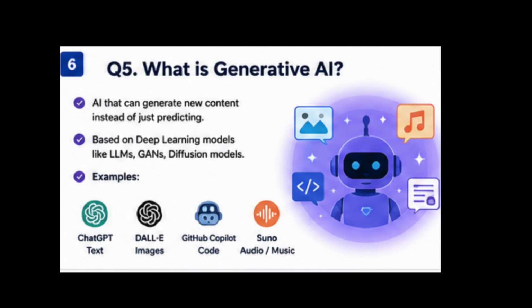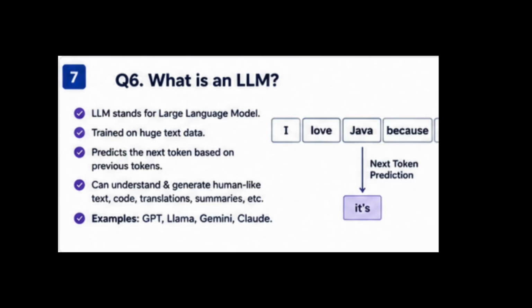Generative AI is designed to create new content instead of simply making predictions. Examples include ChatGPT generating text, GitHub Copilot generating code, and music generation tools creating songs. Generative AI is based on large language models and other deep learning architectures trained on massive datasets. An LLM or large language model is a deep learning model trained on massive amounts of text.